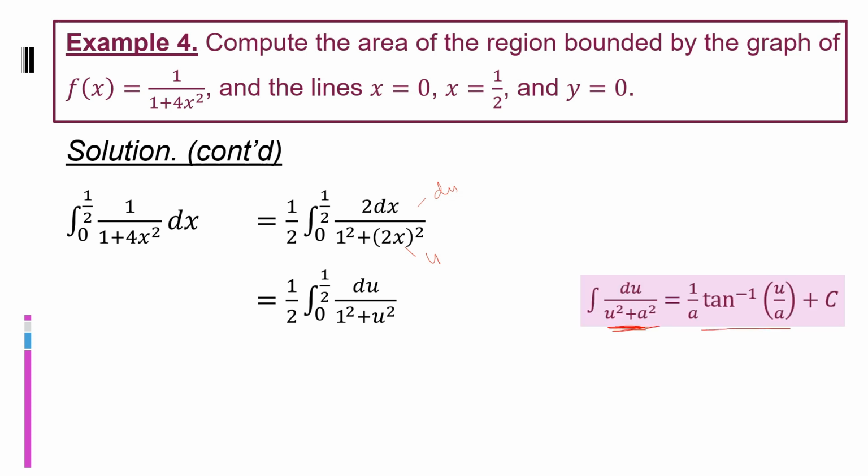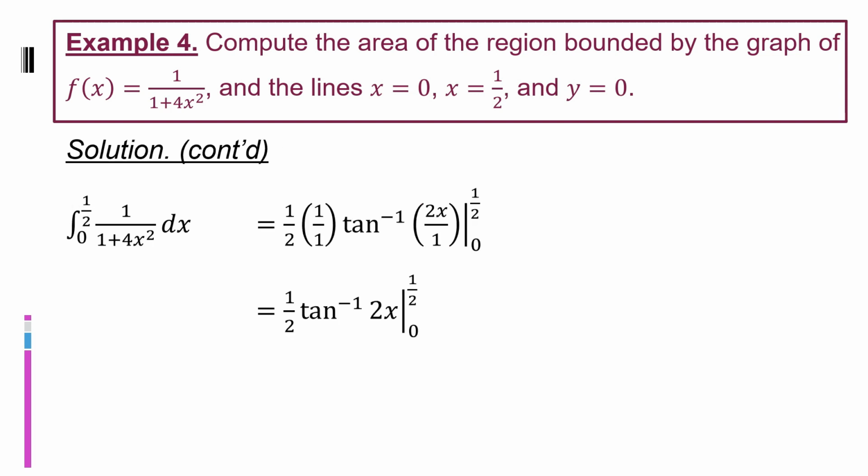Therefore, pwede na natin gamitin yung ating formula. So, that is now 1/2 times 1 over 1. Diba? 1 over a natin is 1 over 1. Arctangent of u is 2x over a is 1. All evaluated from 0 to 1/2.